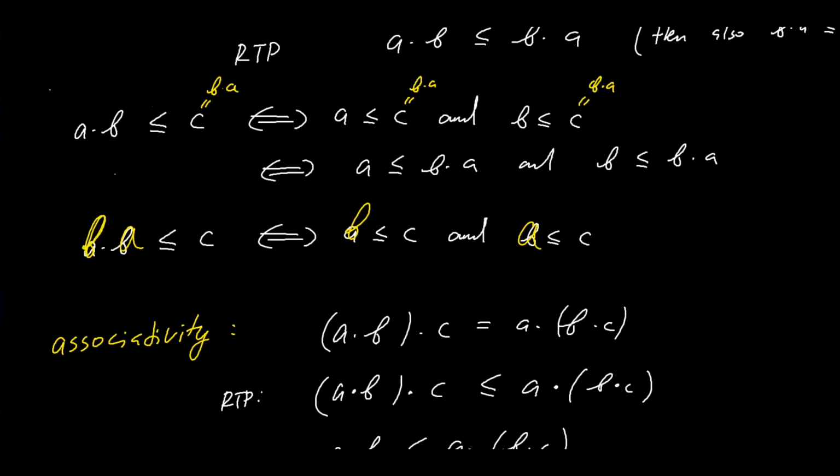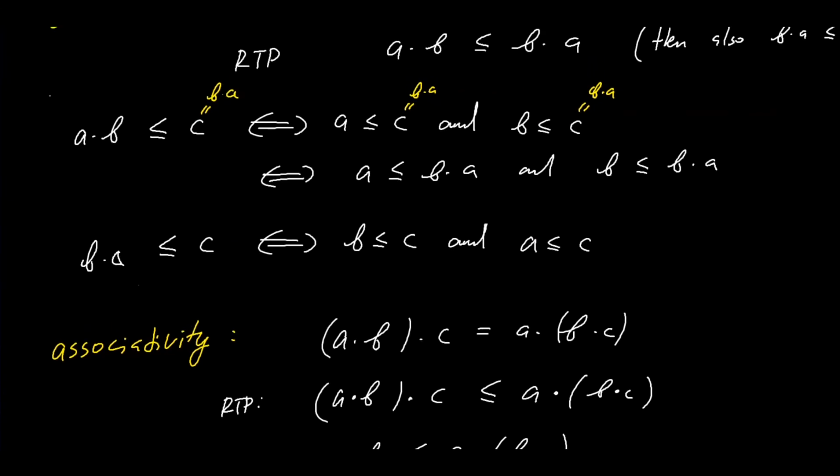We're going to get that B dot A is less or equal to C, if and only if B is less or equal to C, and A is less or equal to C. Okay? And now I can insert in the place of C, I can insert B dot A. So all my C's go away, and I will get B dot A there.